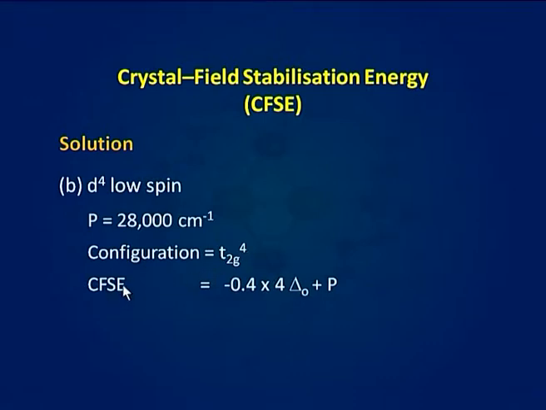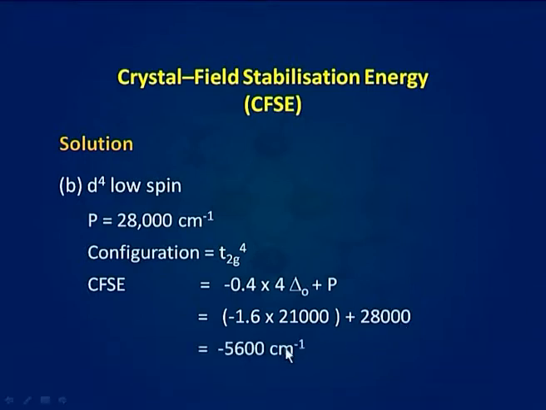Therefore, crystal field stabilization energy will be equal to minus 0.4 multiplied by 4 delta O plus P, which is equal to minus 1.6 multiplied by 21,000 plus 28,000, as P is equal to 28,000 per centimeter. On calculation, crystal field stabilization energy will come out to be minus 5,600 per centimeter.